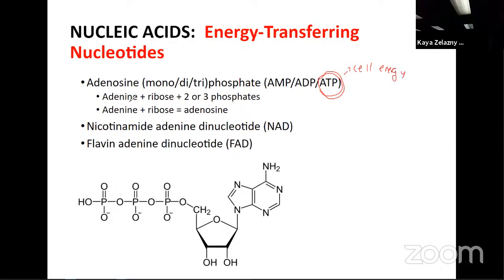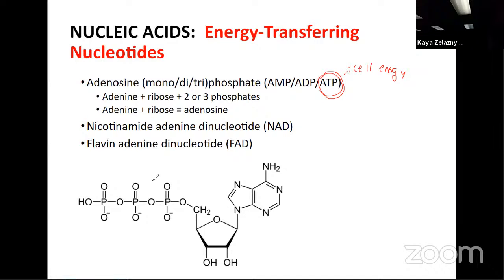Adenosine mono-, di-, or triphosphate, our energized form, is adenine, one of our nucleotides, with additional phosphate groups on it, right?